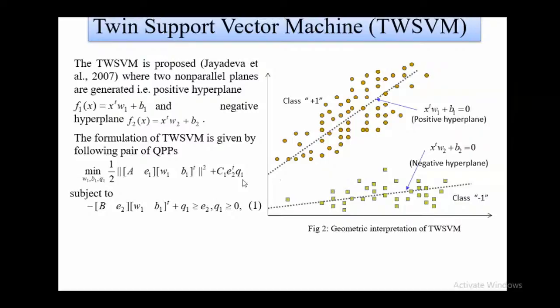For the second term, that is c1 e2 transpose q1, just focus on the q1 part. These are the class B points, or the negative points. You satisfy these points by representing them with this particular inequality.